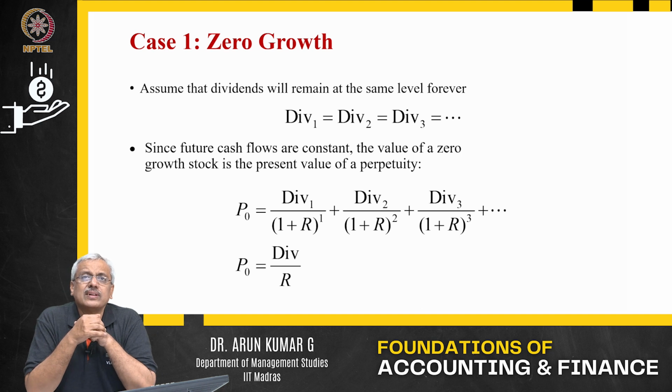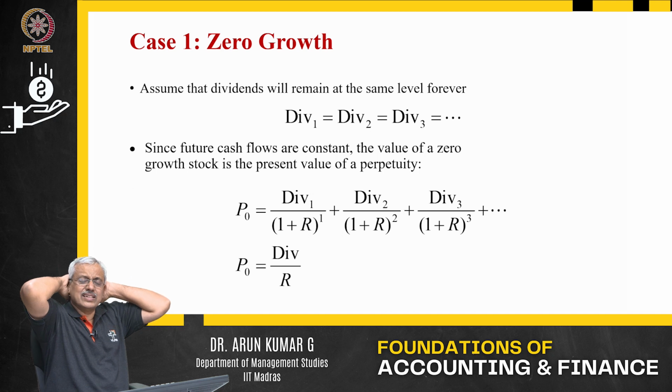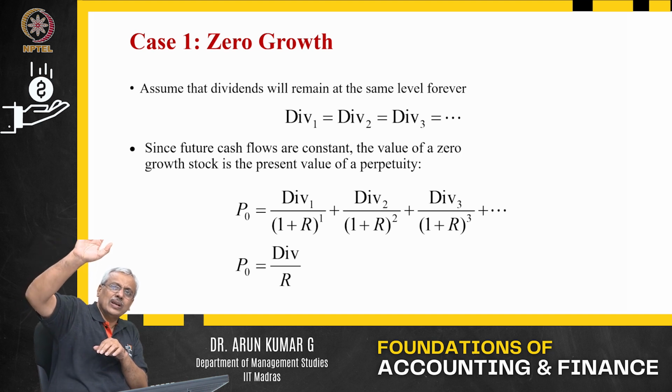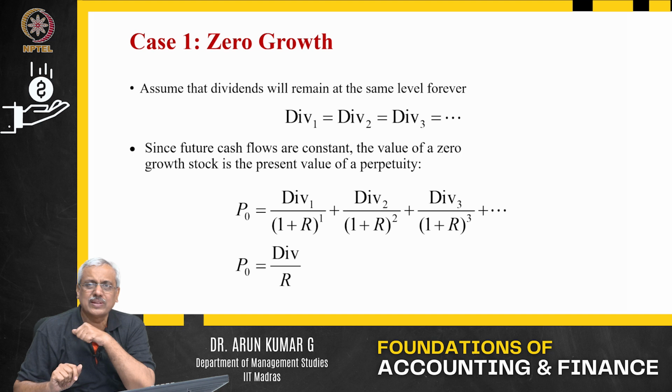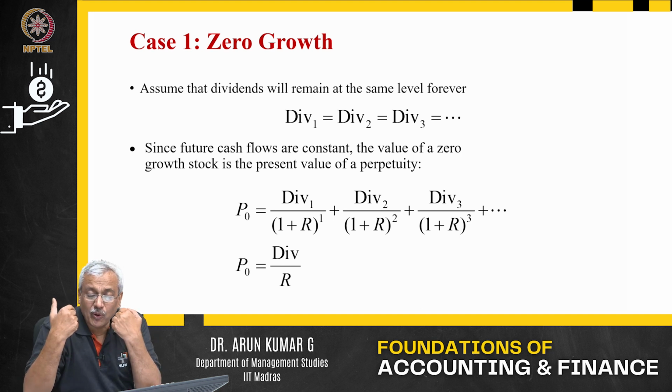In the slide, in a zero growth case, please note we are ignoring capital gain as of now. We are taking only dividends. Capital gain part of it will come back at a later stage. If I have to look at valuing the equity which I am going to hold in perpetuity, I am going to look at obviously only dividends.